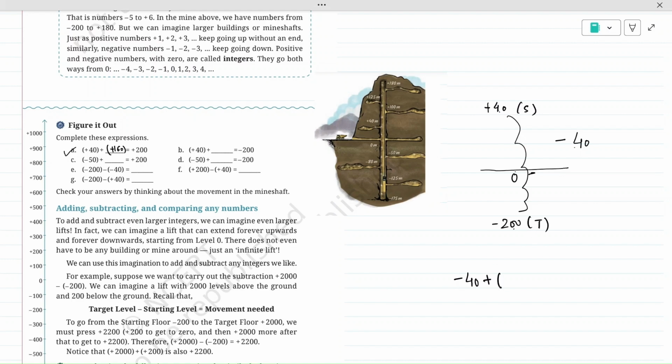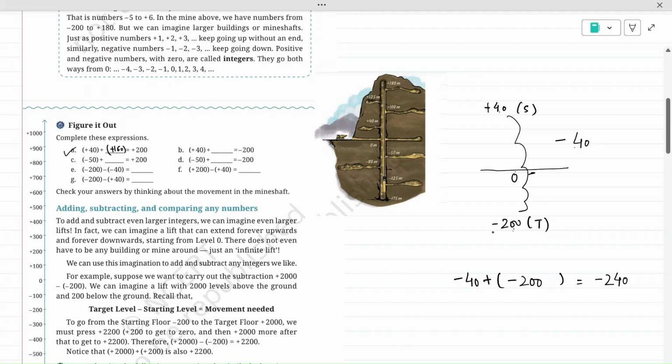Now to this minus 40, we will have to add from 0 to minus 200. That means we are going to add minus 200 to it. So the answer will be minus 240. Okay, I hope you have understood what we have done here: plus 40 is our starting point and we have to reach minus 200.